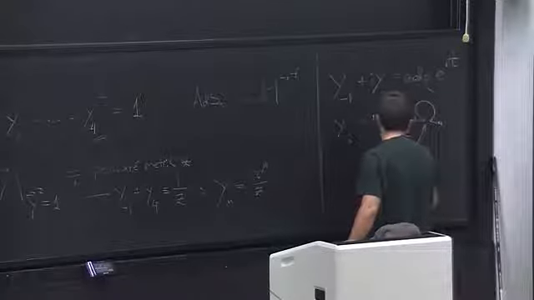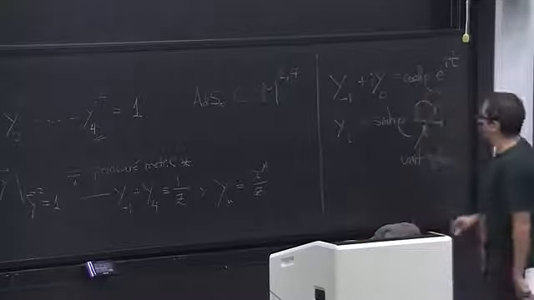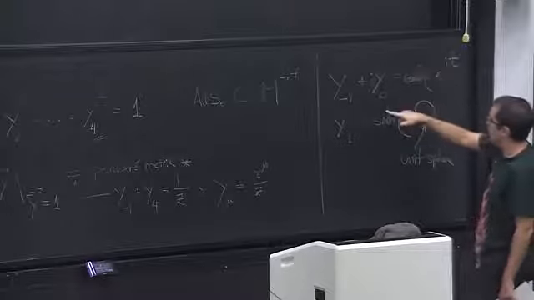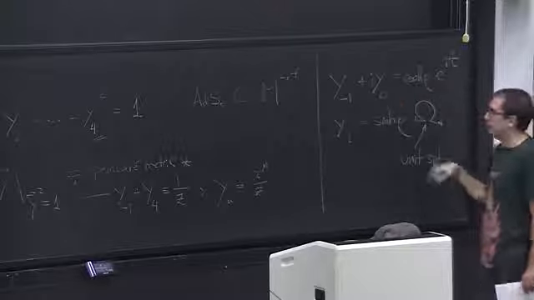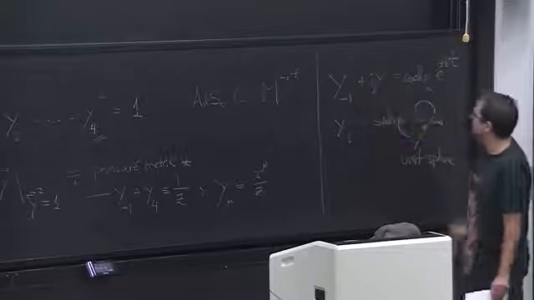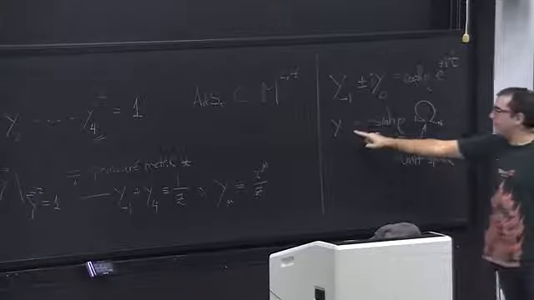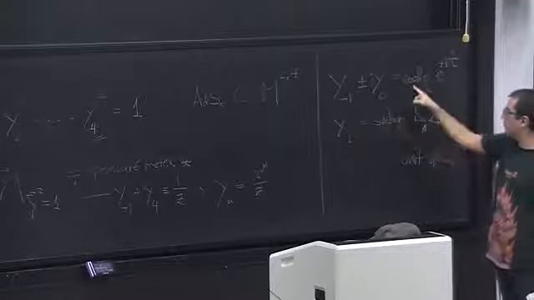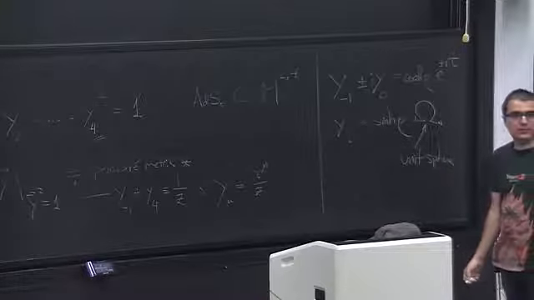So this parameterizes a unit sphere. These coordinates are in a circle of radius cosh rho, and then y_i is in a circle of radius sinh rho. Cosh squared minus sinh squared is equal to 1, so this solves the constraint.